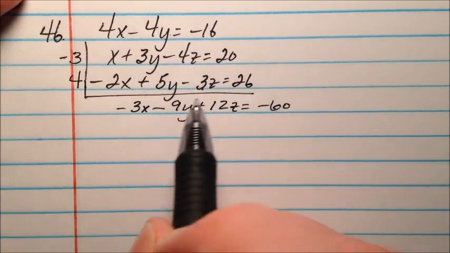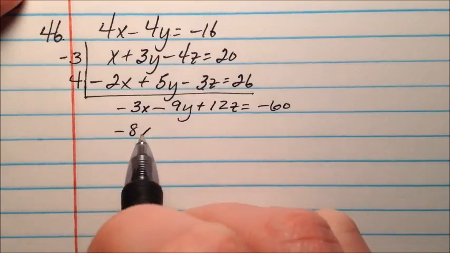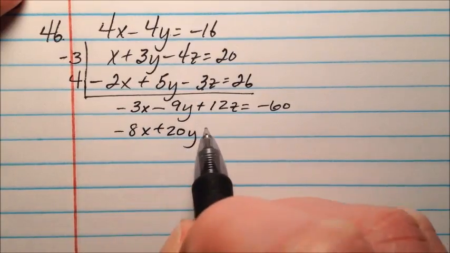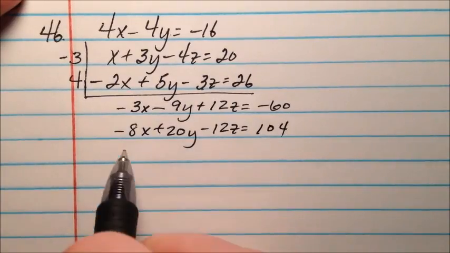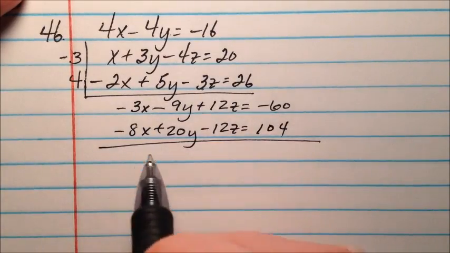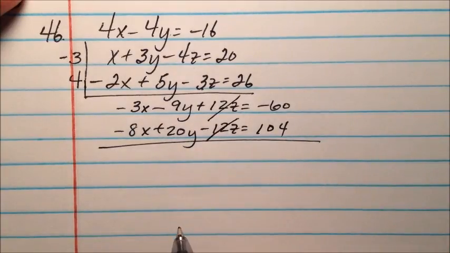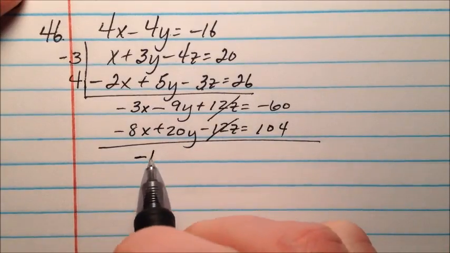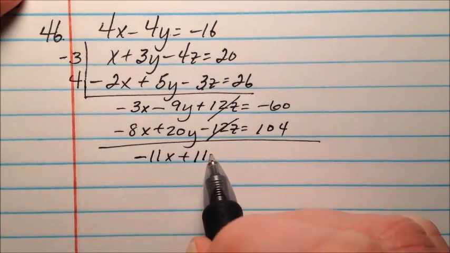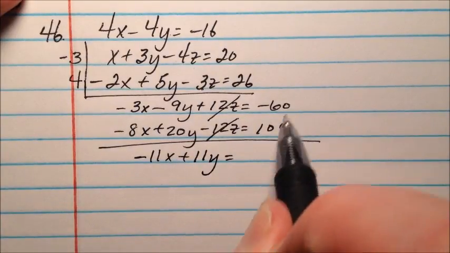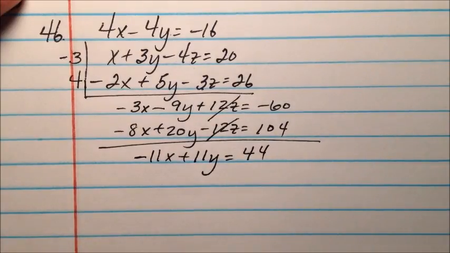And when I distribute my 4 through there, I'll get -8x + 20y - 12z equals, what's that going to be, 104? So my z's cancel, which is by design. So I have -11x + 11y = 44.